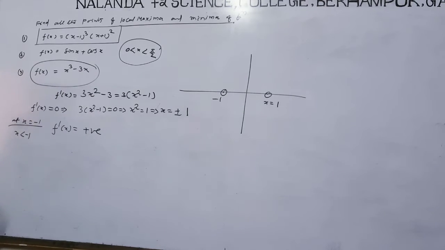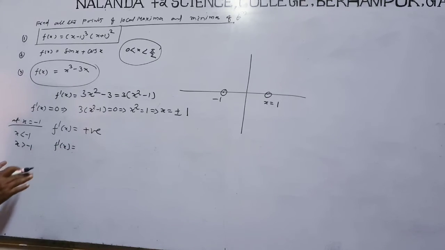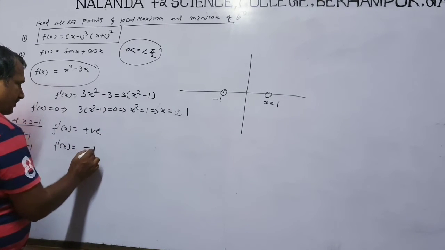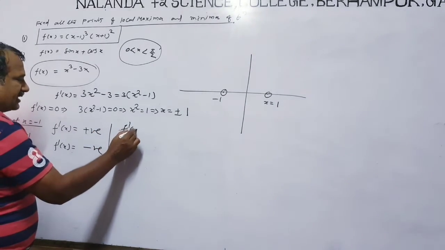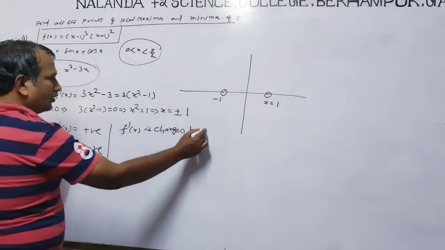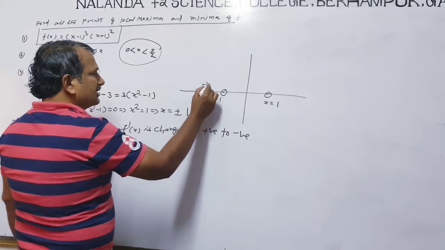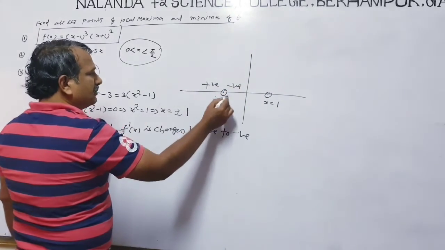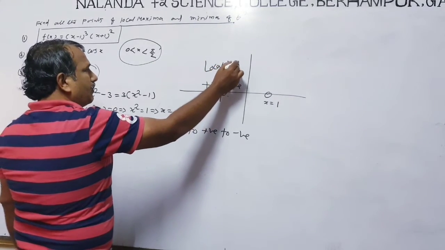When x is greater than minus 1, what is f dash x? Greater than minus 1 is minus 0.5, so it is negative. Thus f dash x changes from positive to negative. Positive to negative means this is a local maximum.